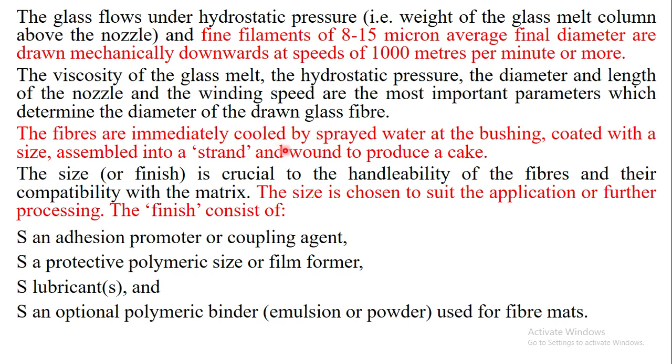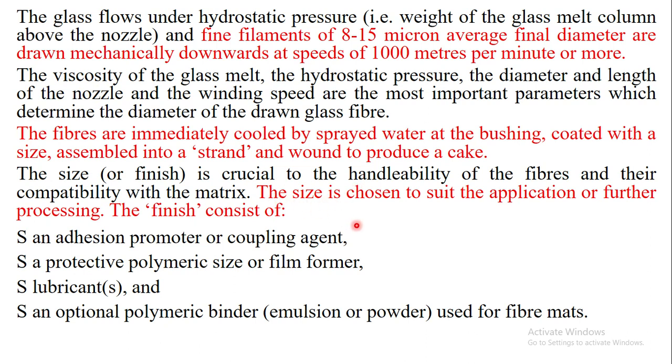After the fibers are formed, they should be coated with size, assembled into strands and wound to produce a cake. The size or finish is crucial to the handleability of the fibers and their compatibility with the matrix.